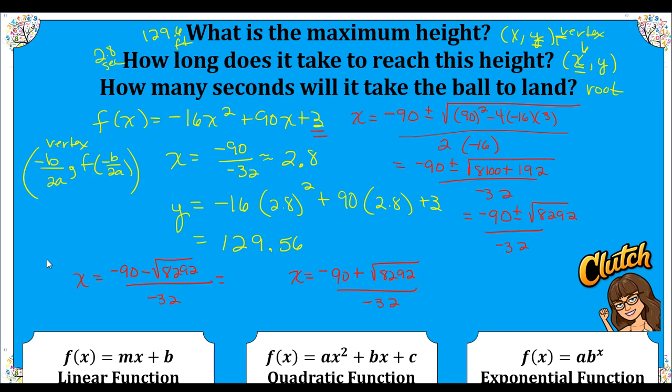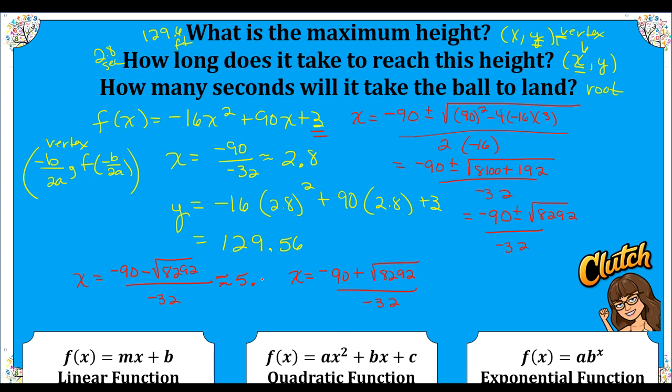So let's plug this in very carefully. Negative 90 minus the square root of 8292. I'm going to click enter, and then divide by negative 32. I get a positive, about 5.658, and so on.